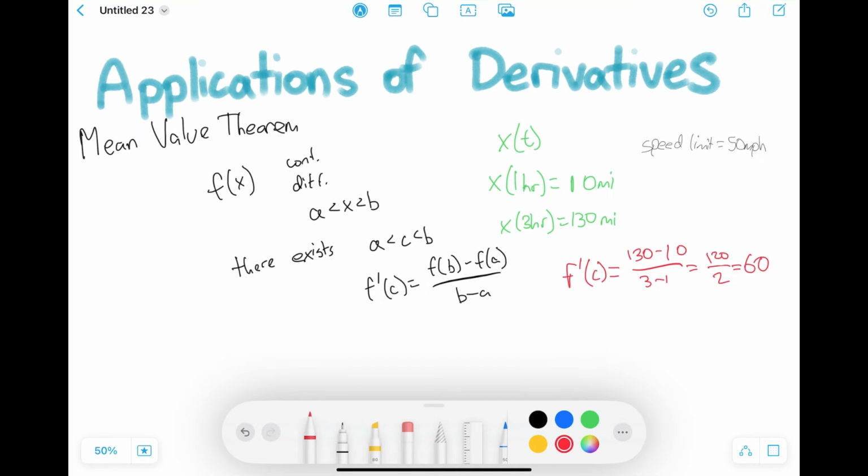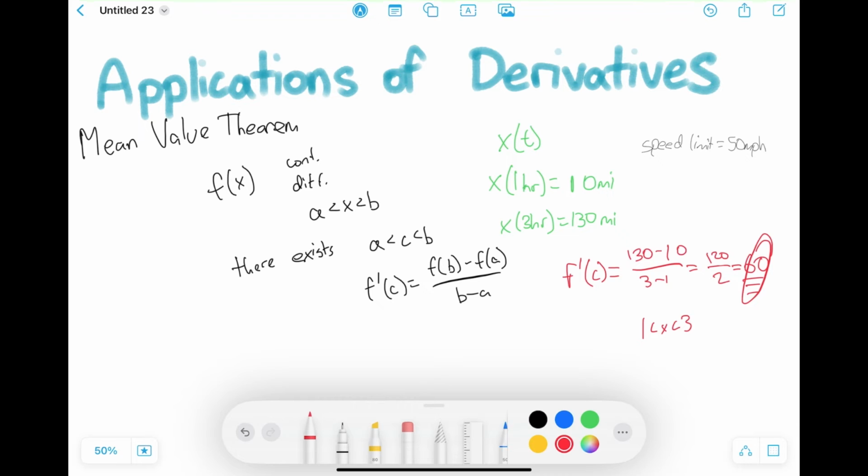So what we have is x of t, a function of your position with respect to time. So the average rate of change would just be your average speed along that time. From 1 hour to 3 hours, our average speed we calculated was 60 miles per hour, right? By the mean value theorem, since our function is continuous and differentiable, there must have been some point between 1 hour and 3 hours where your speed was equal to 60 miles per hour.